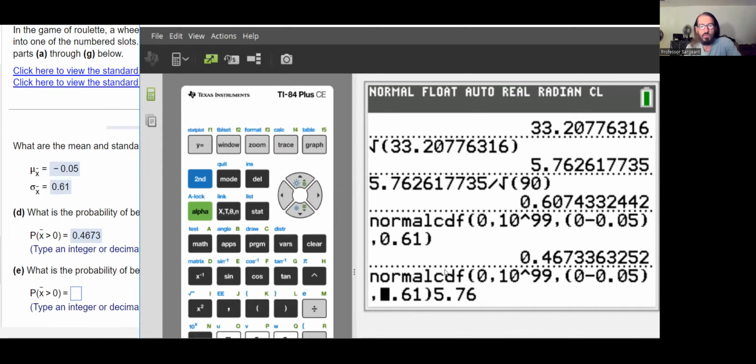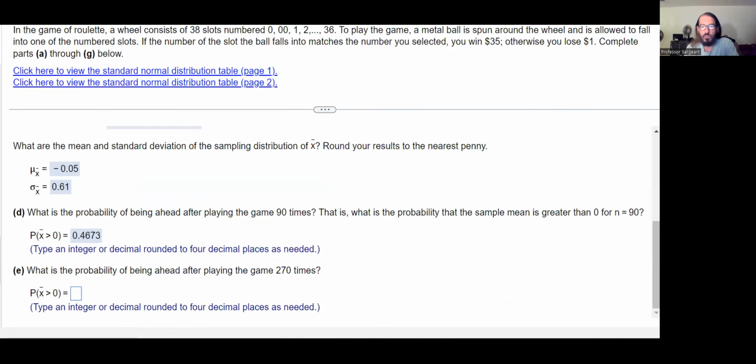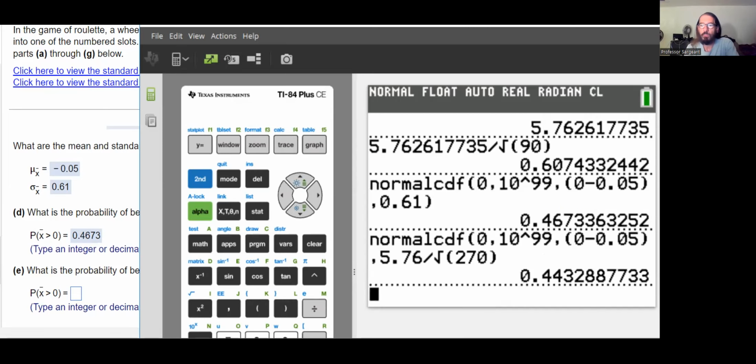Just leave everything else the same. Now divide by the square root of 270. Checking that before I press enter. Yep, play 270 times. It's gone down. That 8's going to round the 2 up, 0.4433.